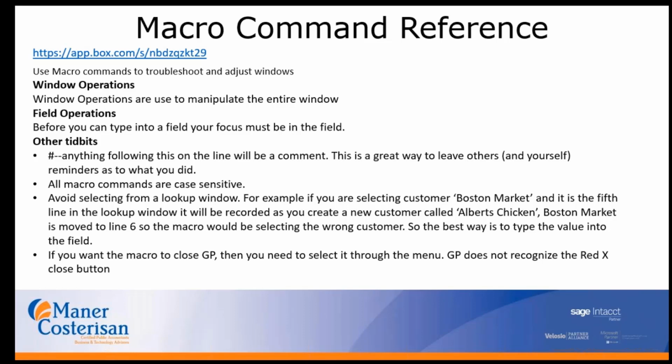It will help to alleviate some of that clicking and tabbing and things like that. So you could create a macro within GP, and what this does is it helps you to learn how to perform those macros. So this gives you some macro commands to troubleshoot and adjust your windows.